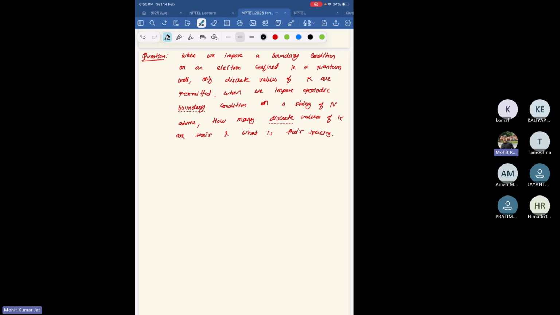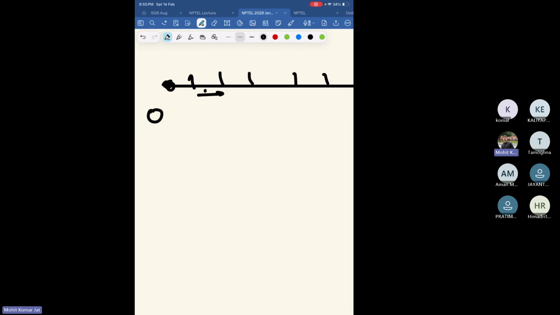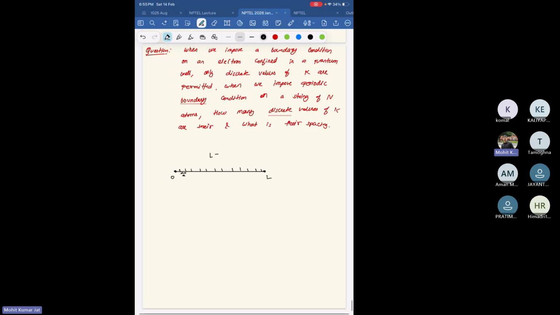Think of it like a chain of length L, from 0 to L, and divide it into equal parts such that if the spacing between two atoms is a, you can write L equals Na, where N is a very large number.